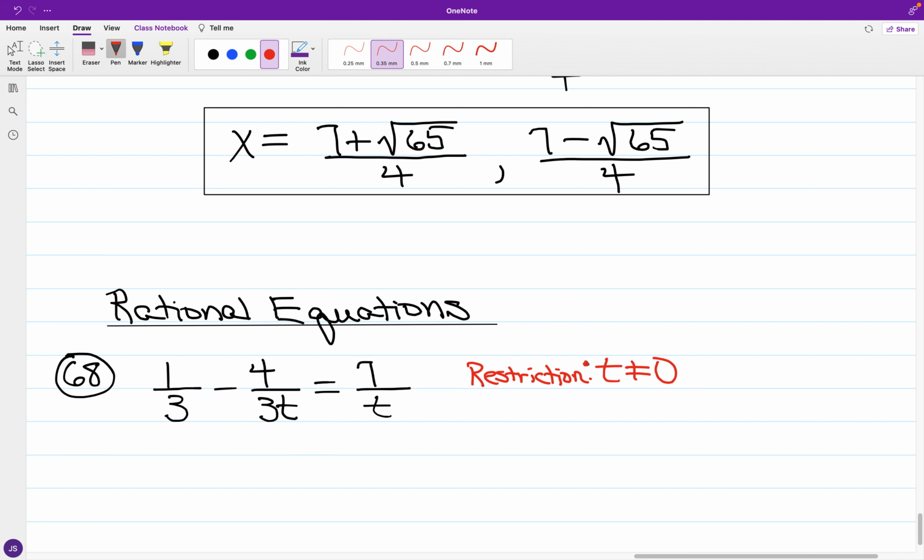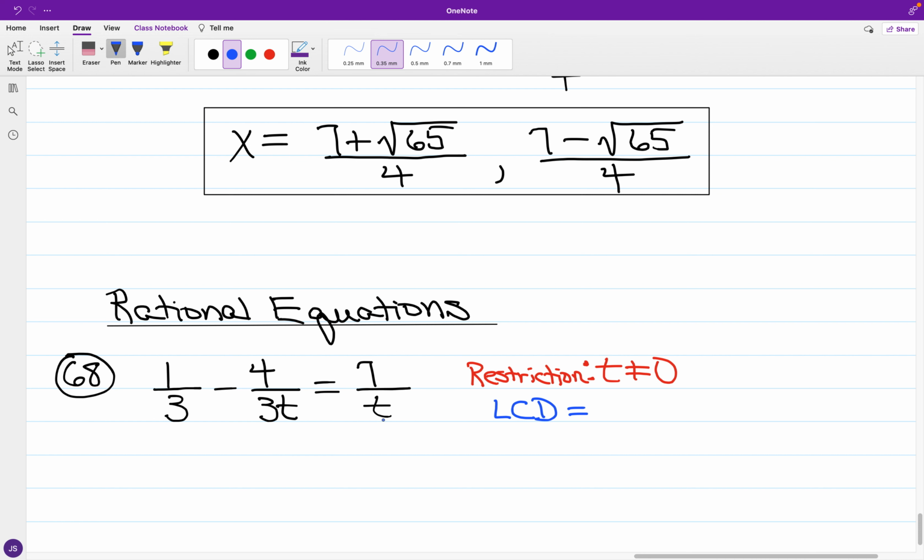If I had t at 0, I would have 3 times 0 on the bottom, and t would be 0 on the bottom, and I do not want a 0 denominator. Also, in the case of rational equations, instead of combining rational expressions, I can clear out the fractions by multiplying every denominator throughout by the least common denominator.